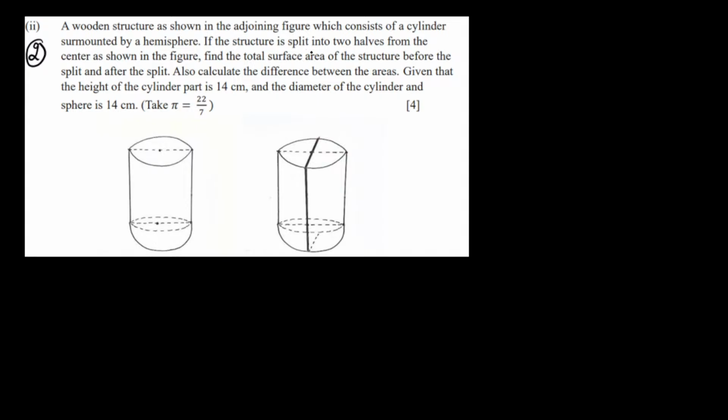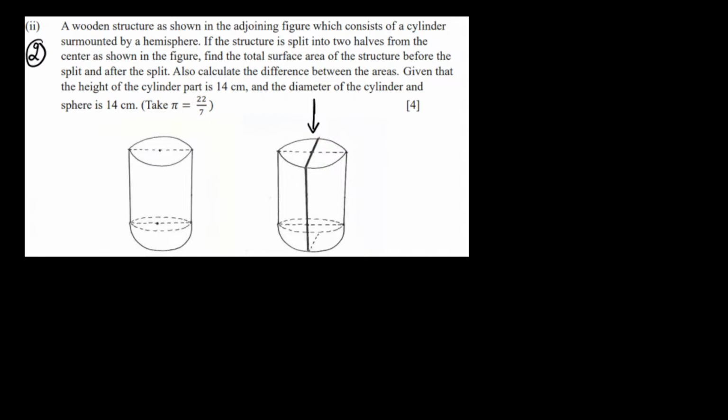If the structure is split into two halves from the center, as shown in the second figure, you can see from the center they have just cut this solid into two parts. So, what we have to do is find the total surface area before the split and after the split.